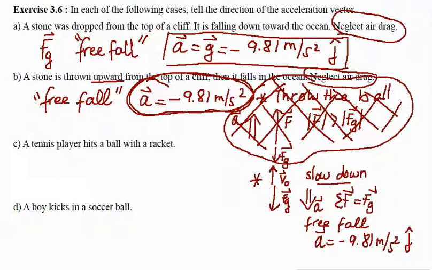Question C, a tennis player hits a ball with a racket. So initially the ball is arriving this way, and then the racket hits that way, and then the velocity changes direction, so this is your v2.